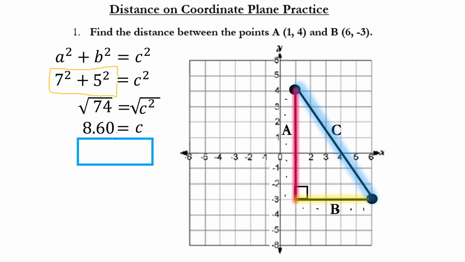Well, that means the 6. So for our final answer, since 5 or more, add 1 more, 4 or less, let it rest, that 0 is not going to impact our 6. So our final answer is 8.6 equals C, or 8 6/10.